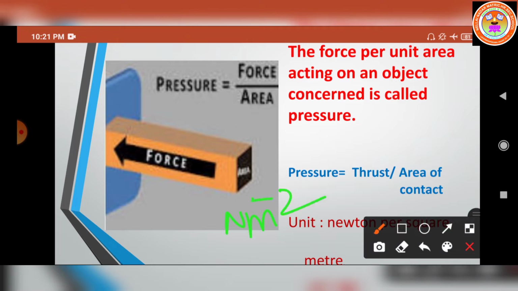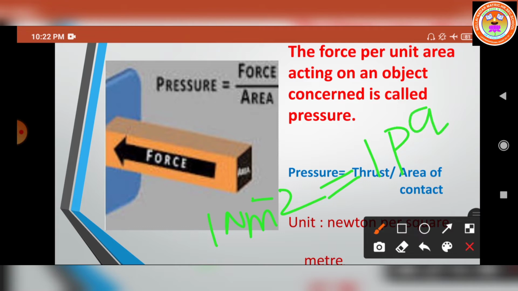Both are the same. In honor of the great scientist Blaise Pascal, 1 Newton per square meter is called 1 Pascal. So we can write 1 Newton meter power minus 2 is equal to 1 Pascal. It is denoted by the symbol Pa.